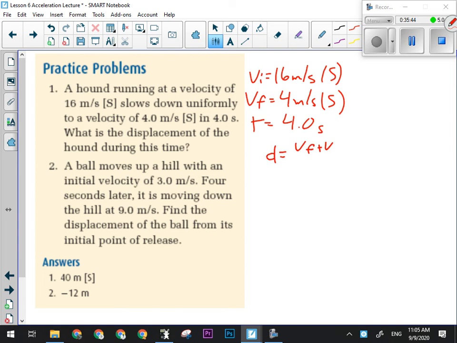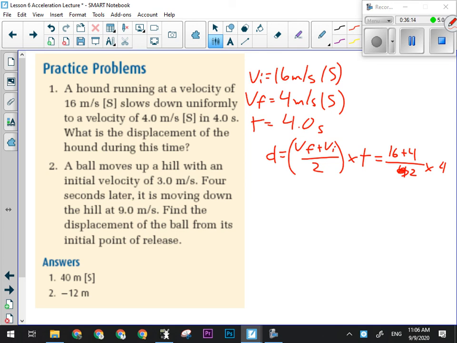I'm going to be using this formula because I wasn't given the acceleration. And I don't need to manipulate because it's already set up for D. All I have to do is plug in my numbers. So that'll be 16 plus 4, over 2 times 4.